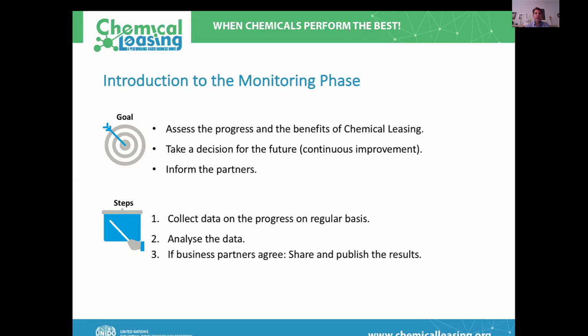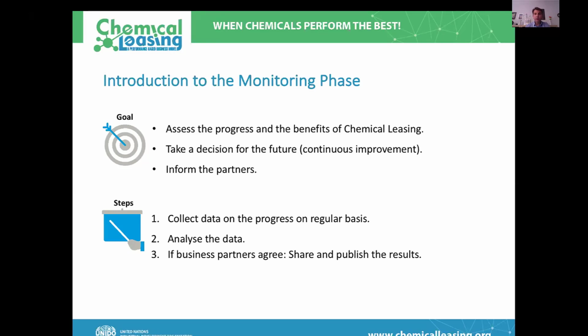So what is the monitoring about? What is the goal? The goal, as you can see on this slide, is: are you actually having any improvements? And if yes, how much improvement are you making? Are you achieving your goals?